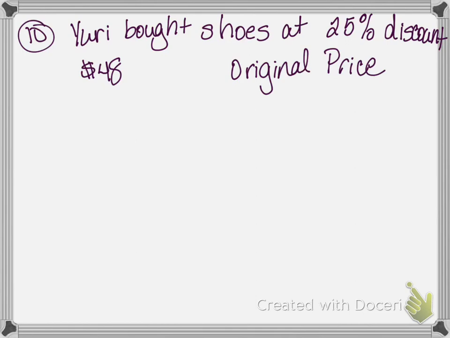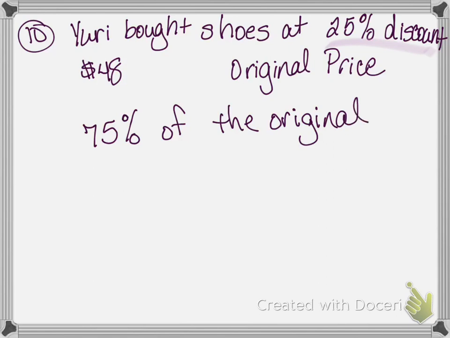Okay? Now, if the discount was 25%, what percent did she pay? 75%. So Yuri paid 75% of the original price. And students forget to do that subtraction. That's where students make their mistake, is with that subtraction.